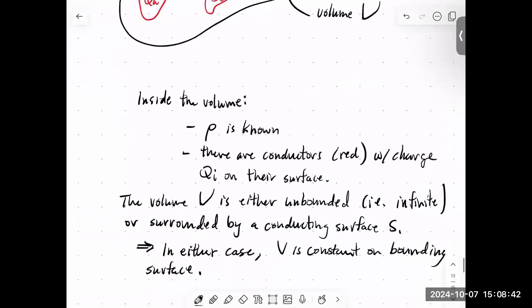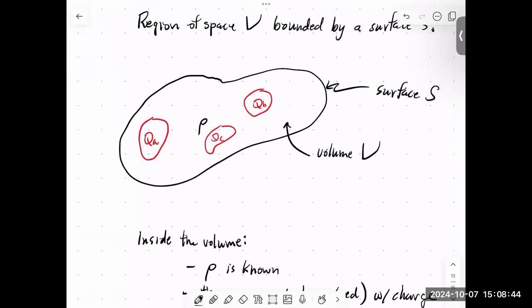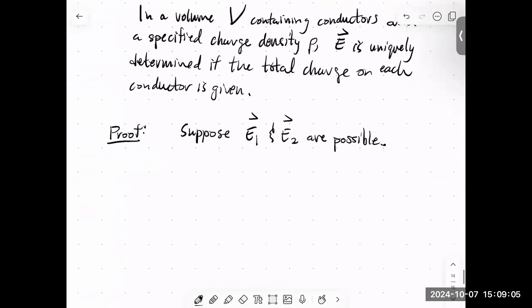Well, what do we have here? What we're going to do is apply Gauss's law, and we have a differential form and an integral form, and we're going to use both of them. The differential form involves this charge density rho, and when we do the integral form, we'll place Gaussian surfaces around these conductors one at a time, and let's see what happens.